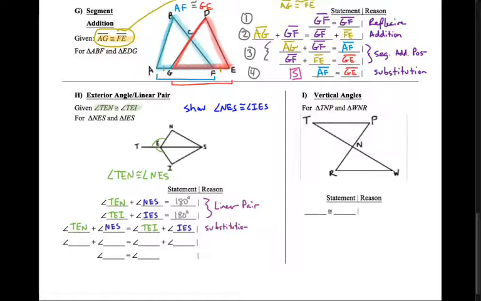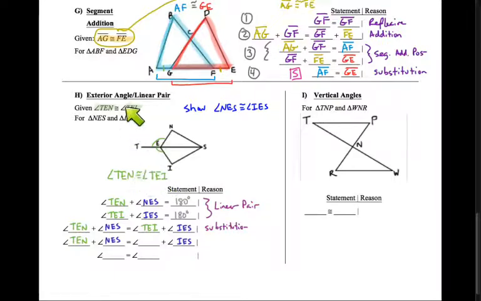Here's the deal. If I'm trying to show that these two things are congruent, NES and IES, they're both on either side of the equal sign. I've got to get rid of these two things. It would help if we had something that was the same on both sides. Well, can we make this TEI equal into a TEN? We can, because, oh, hold on. My bad, this whole time I had the wrong thing there.